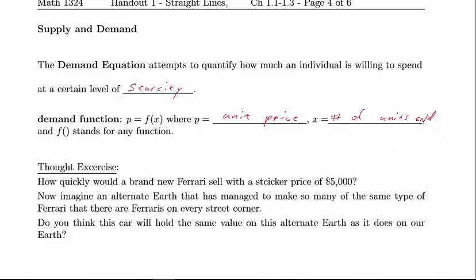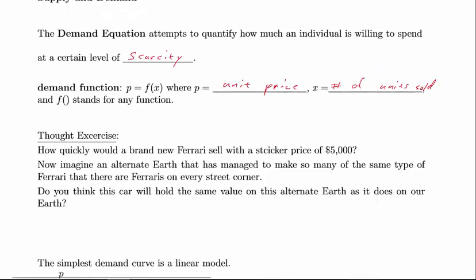The fewer units that are available for sale, the higher the price will be, and then the more units available for sale, the less someone will be willing to spend for that particular good or service.